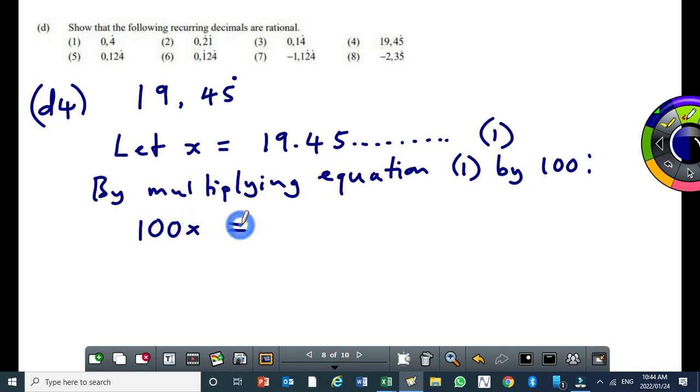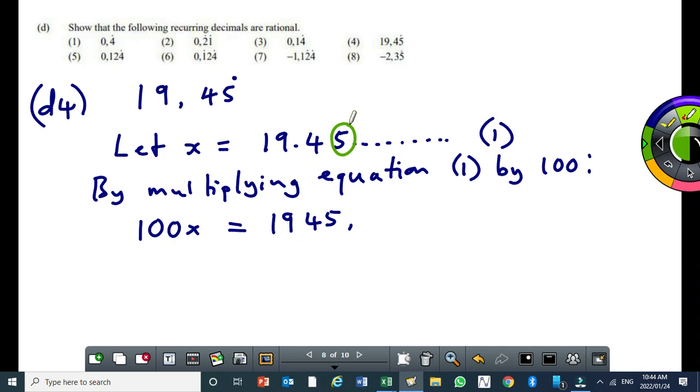100x equal to, now I want you to pay attention carefully to what I'm about to do now. If I multiply 19.45 recurring by 100, I'll end up getting 1945, right? But then there are 2 5s that are after this 5. Those 2 5s after this one, they are invisible in equation 1, which means you can't see them with your eyes.